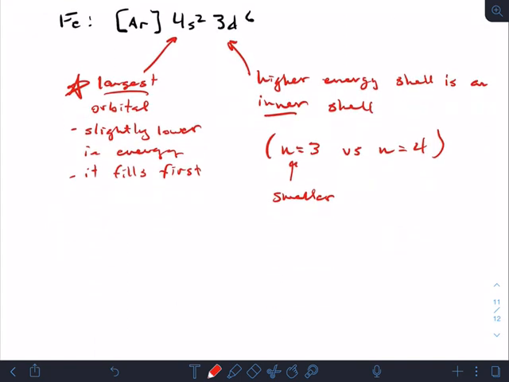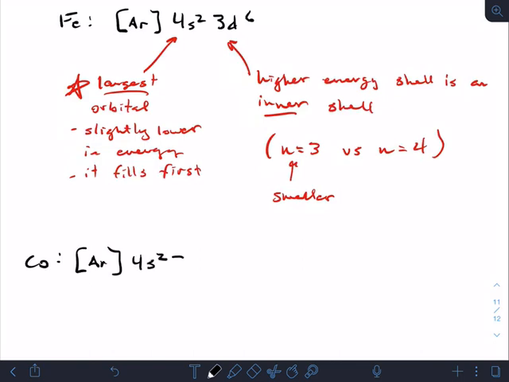That one is smaller. So the idea is that the shell on the outside is the one controlling the size. As I move left to right across the table, my outer shell stays the same while I'm filling more electrons in the inner orbital.